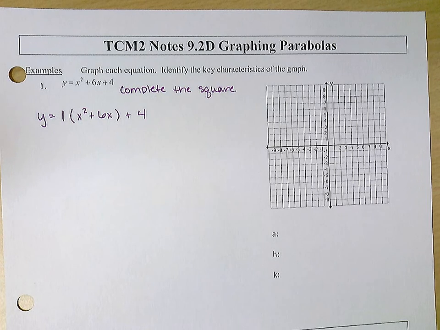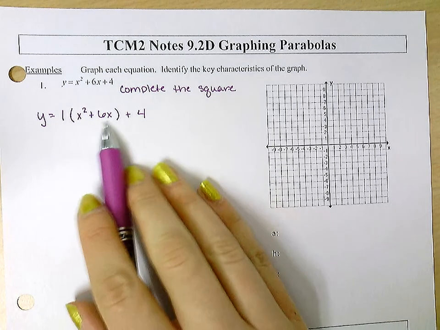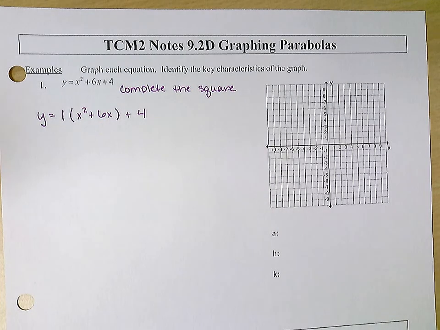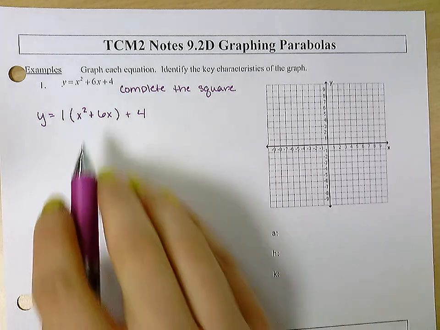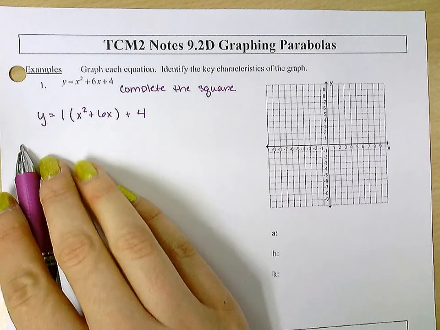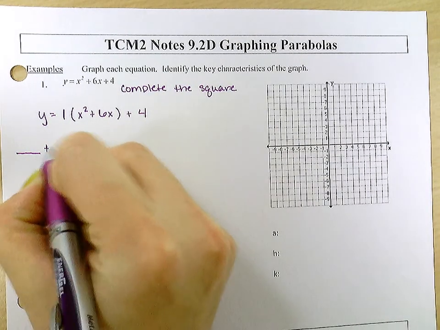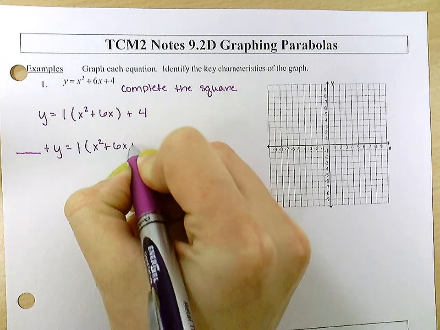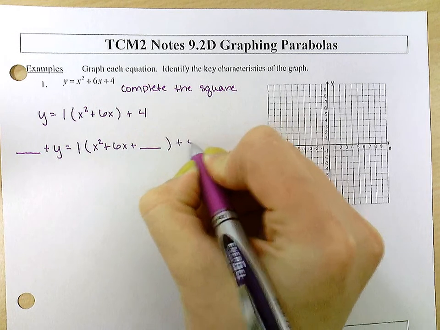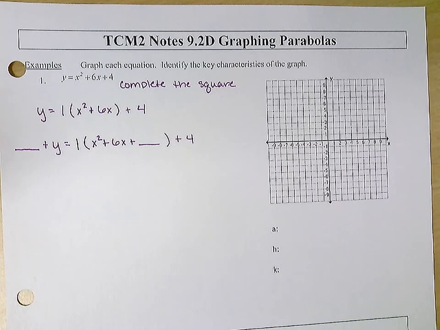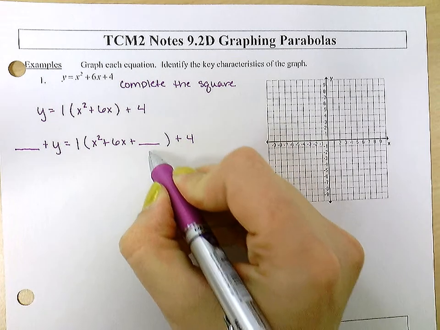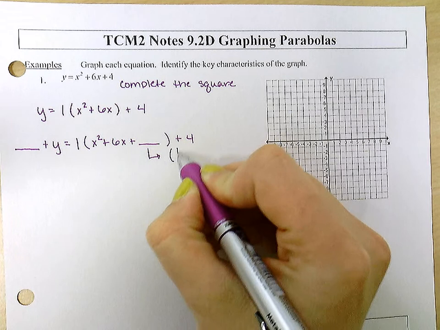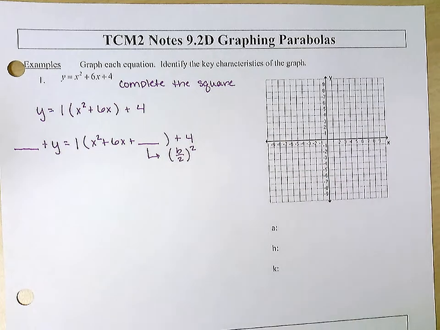Now I want to complete the square for this quantity right here, meaning I need to add something onto that. Okay, and whatever I do to one side, I have to do to the other. So I have to add something on the left and on the right here. Now to get what this is, that's where we take b over 2 squared.